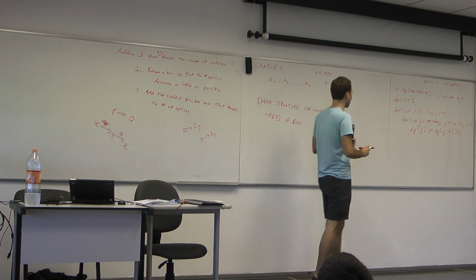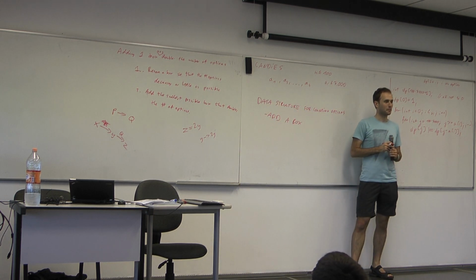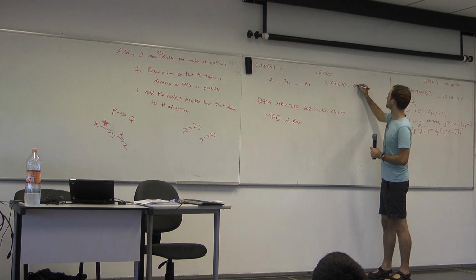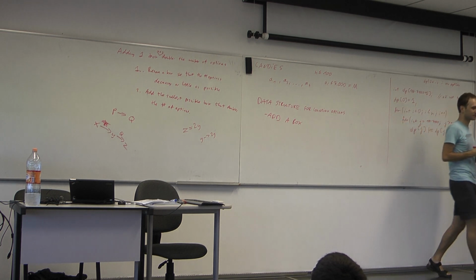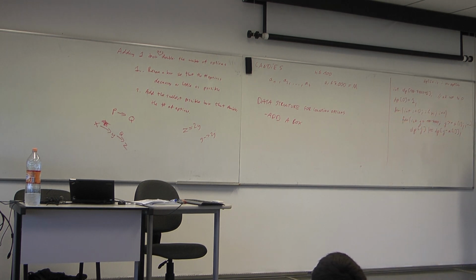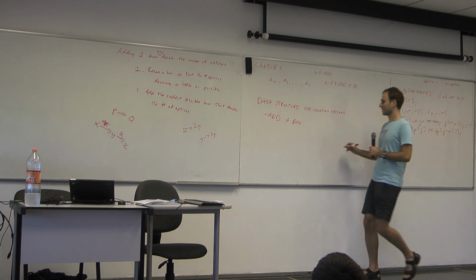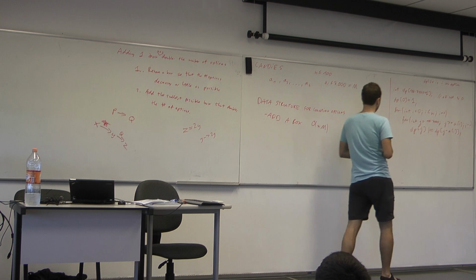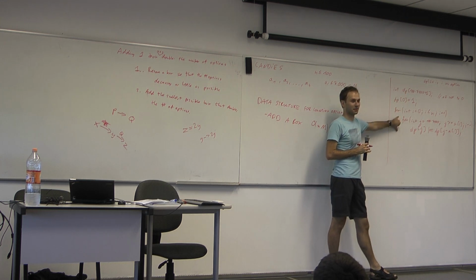And what's the running time of this operation? Yes, it's n times m. The operation of adding a box is n times m. It's basically these two lines, right?